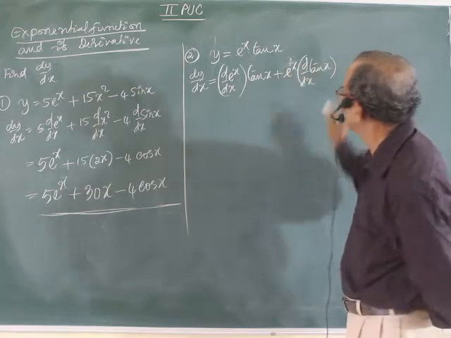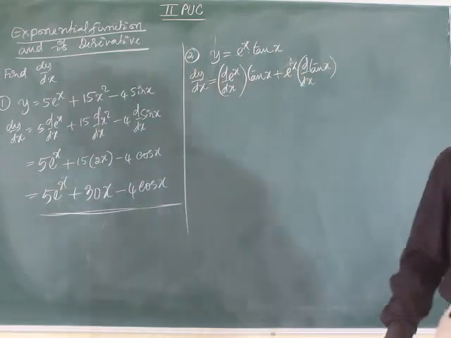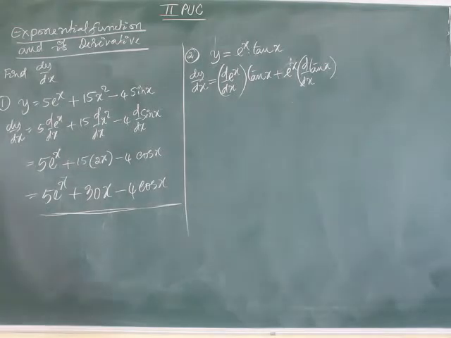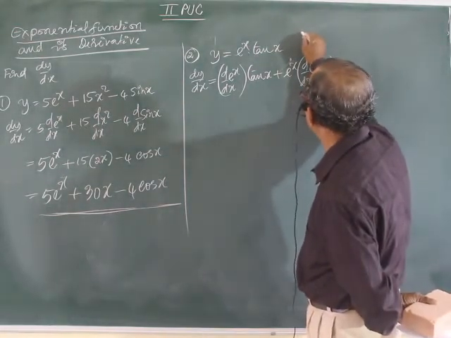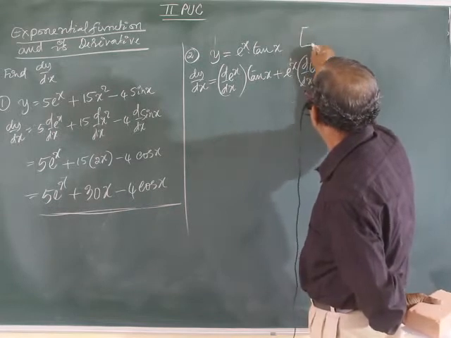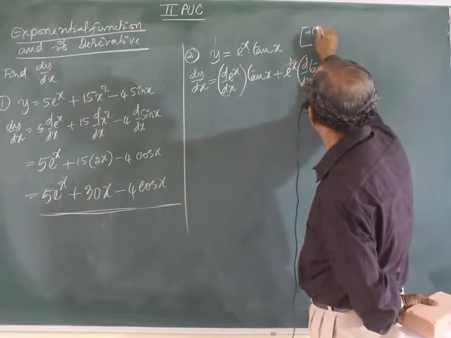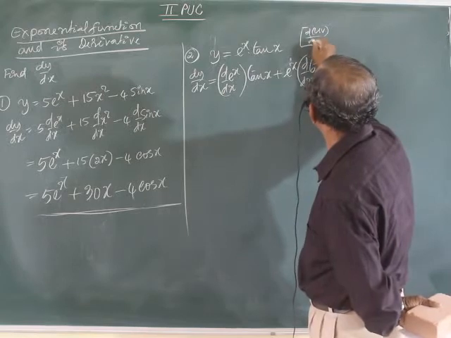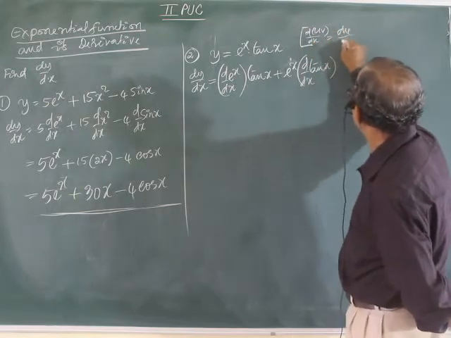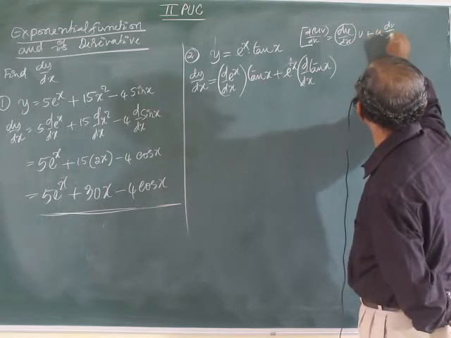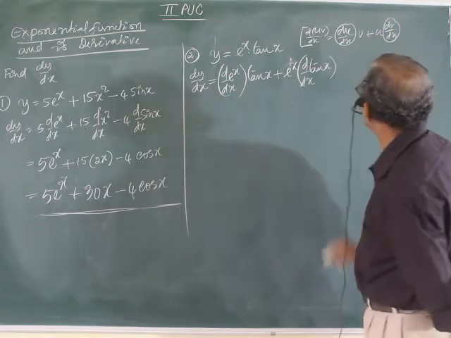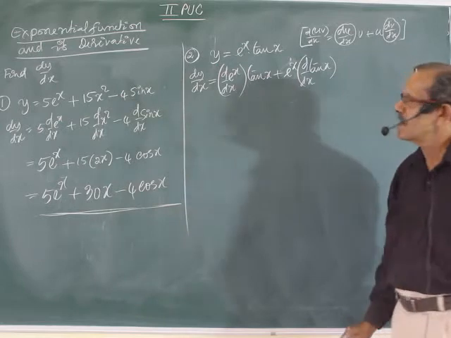Correct, no? Product formula, derivative of the product of two functions. I have not written the formula yet. d of uv by dx is du by dx into v plus u into dv by dx. It is better to write the formula always.